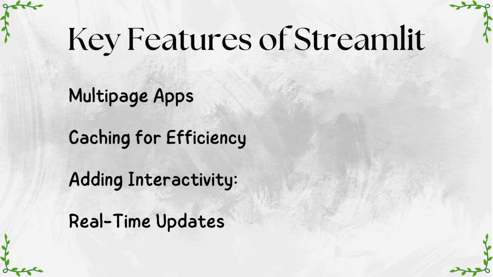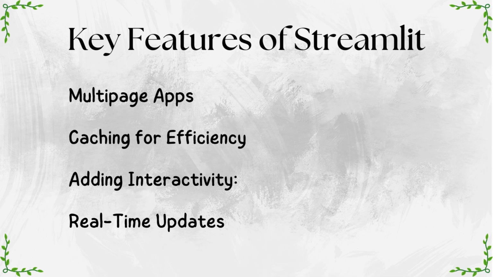Streamlit key features include multi-page apps for organizing complex workflows, caching to reduce redundant operations, easy-to-add interactive elements like sliders, text input, and buttons done with just a few lines of code, and real-time updates, making it ideal for fast prototyping and efficient data handling.